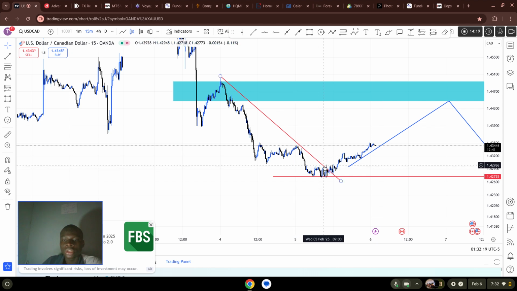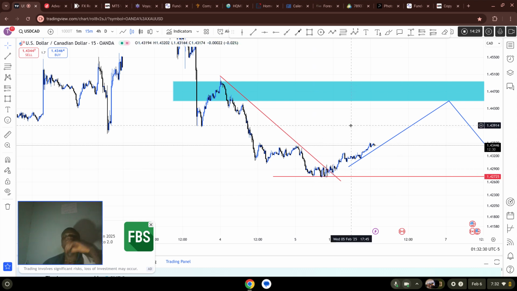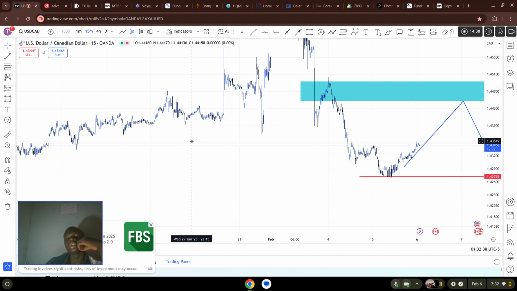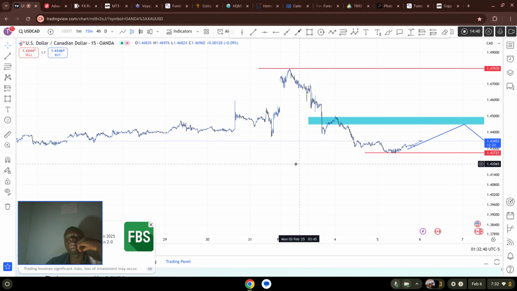So change of character. Now we keep going, keep going. Let's look for the supply zone. So that's actually what we're looking for.